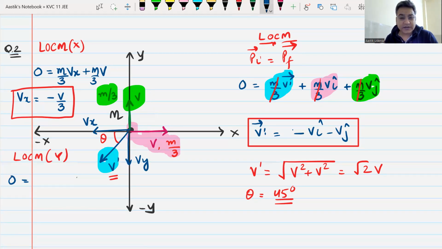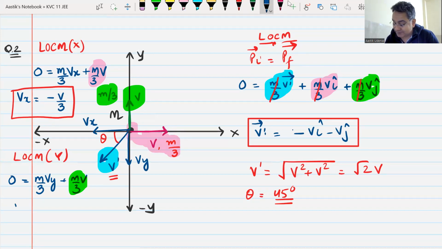The final momentum should also be 0. The final momentum of one of the bodies is m by 3 into Vy. I have not written it as negative, I already get it as negative, plus m by 3 into V. This m by 3 into V is the momentum of the green body. This m by 3 into V was the momentum of the pink body.